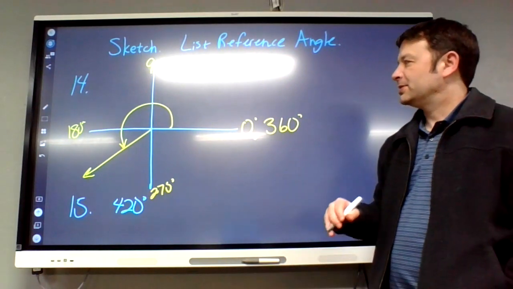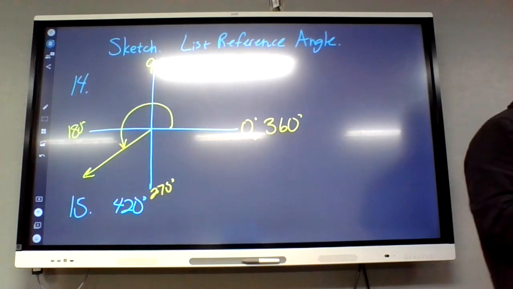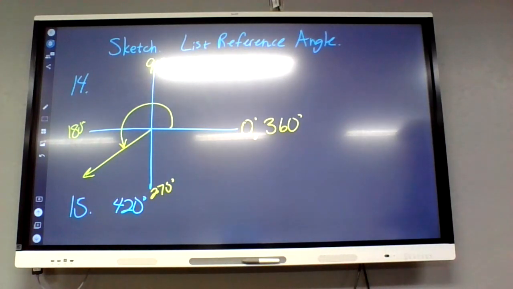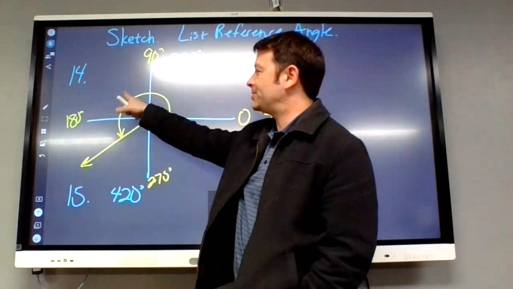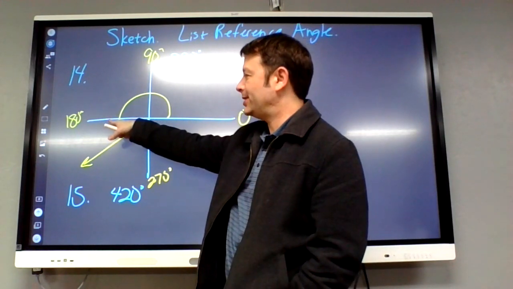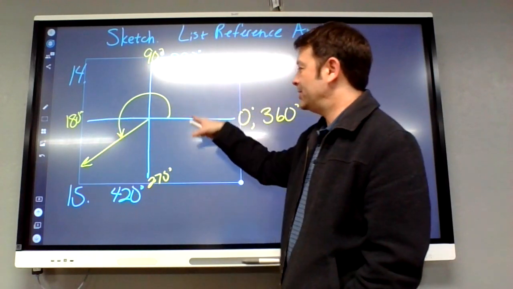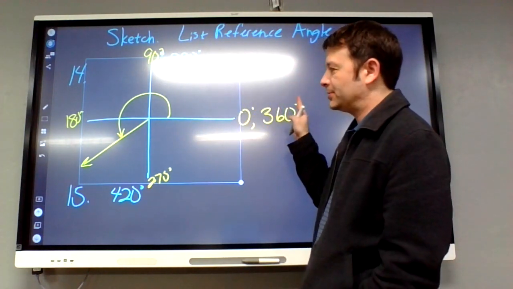So that's the picture, but then you're supposed to list the reference angle. How did we find the reference angle? How close it is to the x-axis. That means if it's over here, in these two quadrants, it's how far it is from 180. If it's over here, it's how far it is from 0 or 360, whichever it's closer to.